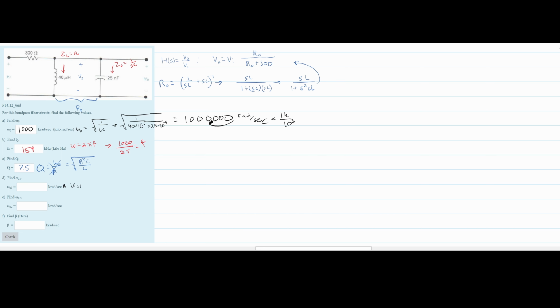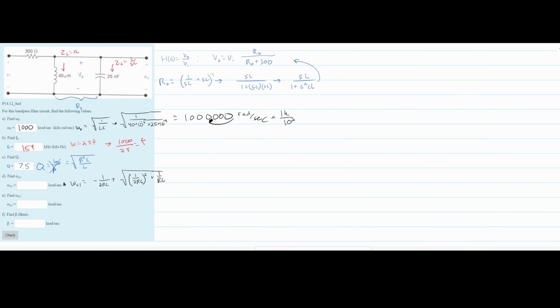Our omega c1 is equal to negative 1 over 2RC plus the square root of (1 over 2RC) squared plus 1 over R times C. And the only difference between this and our omega c2 is that we are going to replace the negative with a positive.